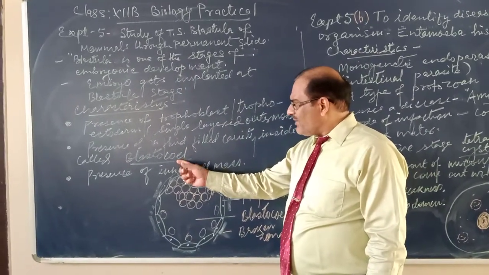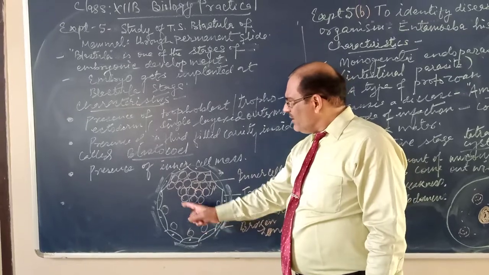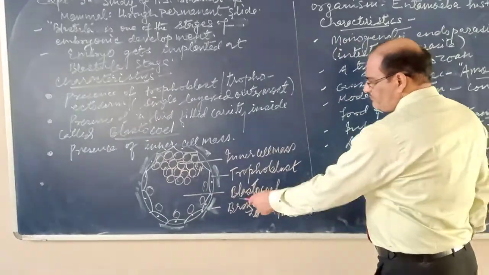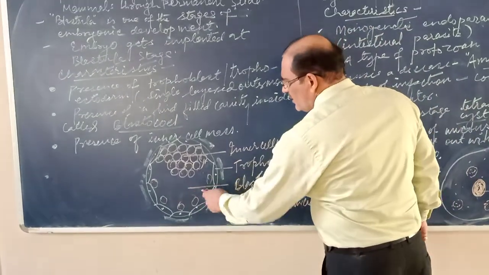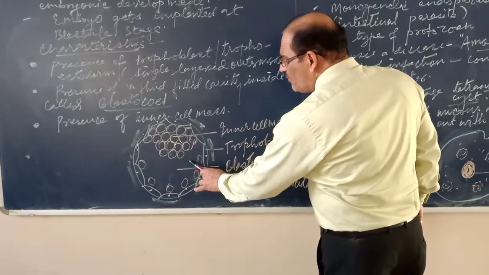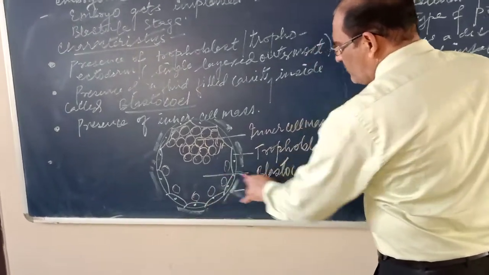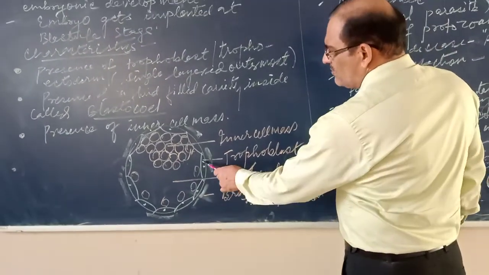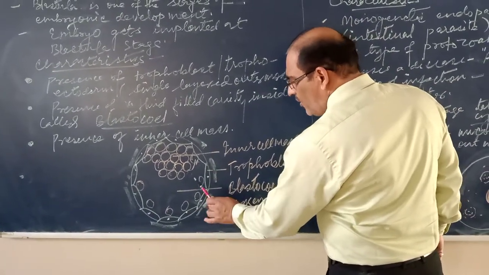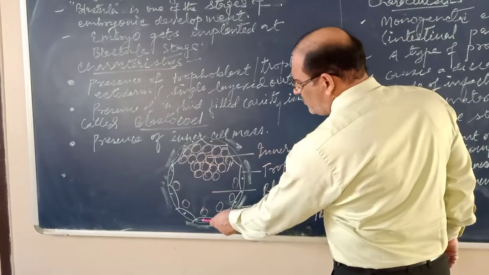Internally a fluid-filled cavity develops, called blastocoele. This is a fluid, not a vacuum. Trophoectoderm is a single layer of flattened cells.